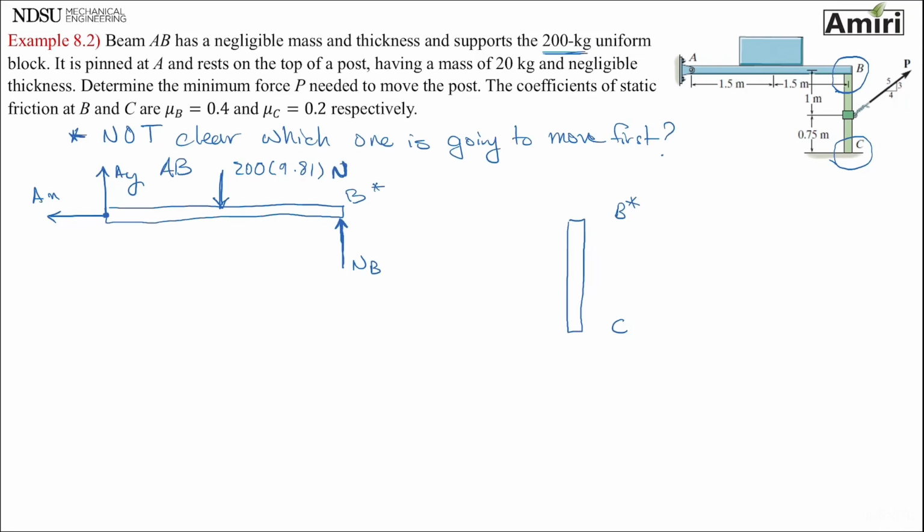Okay, so let's look at BC. Active force, P. Point C and B are both smooth contact points, so there is a normal force at point C and a normal force at point B. All right, if I pull force P, impending motion is going to be in this direction.